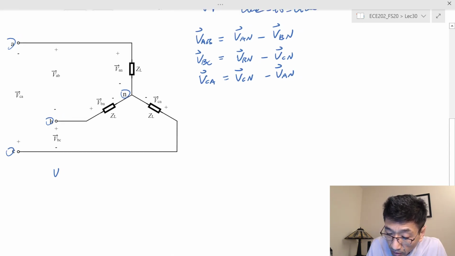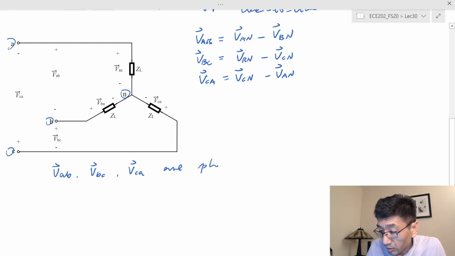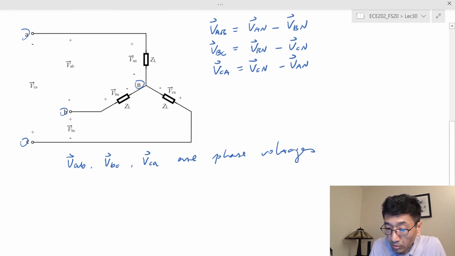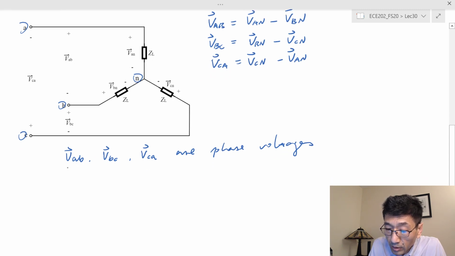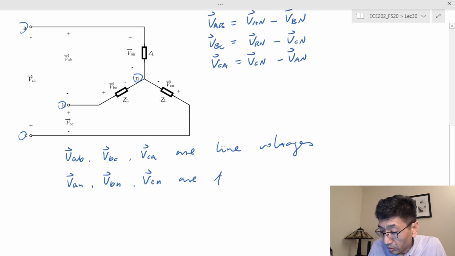Therefore, the lowercase v subscript ab, bc, and ca are the line voltages, and the van, vbn, and vcn are the phase voltages, also called phase to neutral, or line to neutral.